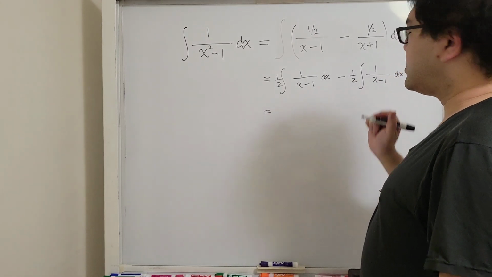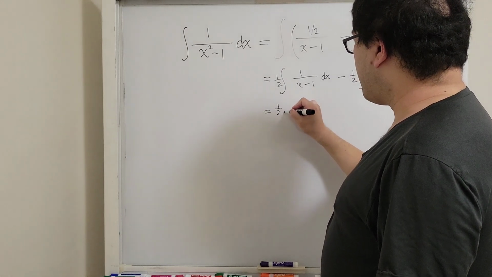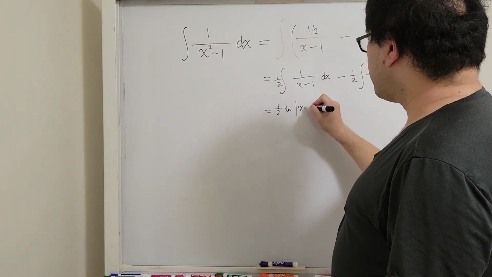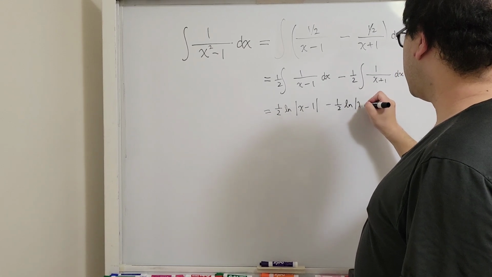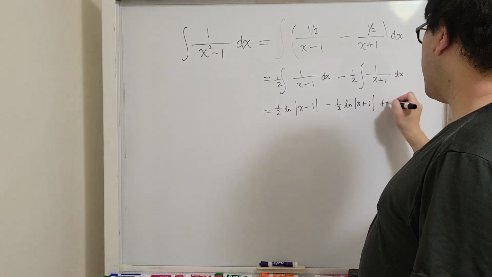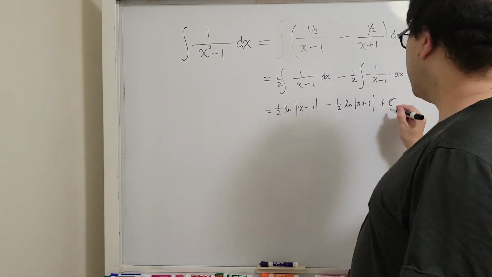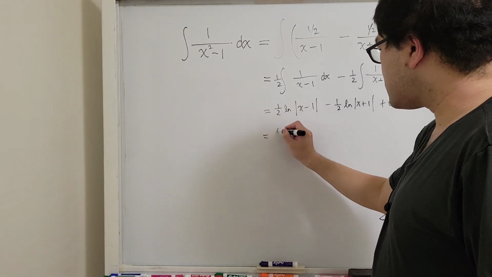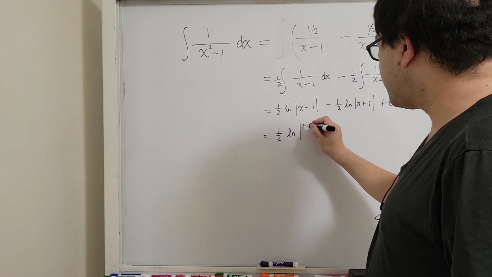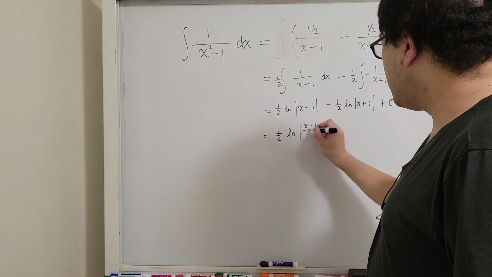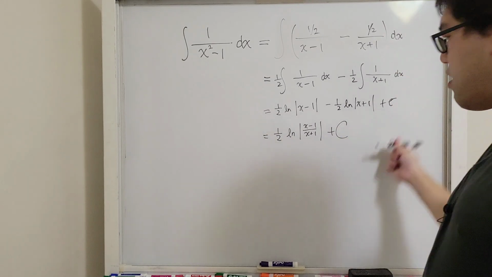And we can just take the integral of each part. So we get 1/2 of ln of the denominator minus 1/2 of ln of this denominator here. And of course, we can combine these two together to get 1/2 of ln of the absolute value of x minus 1 over x plus 1, plus c, and we are done.